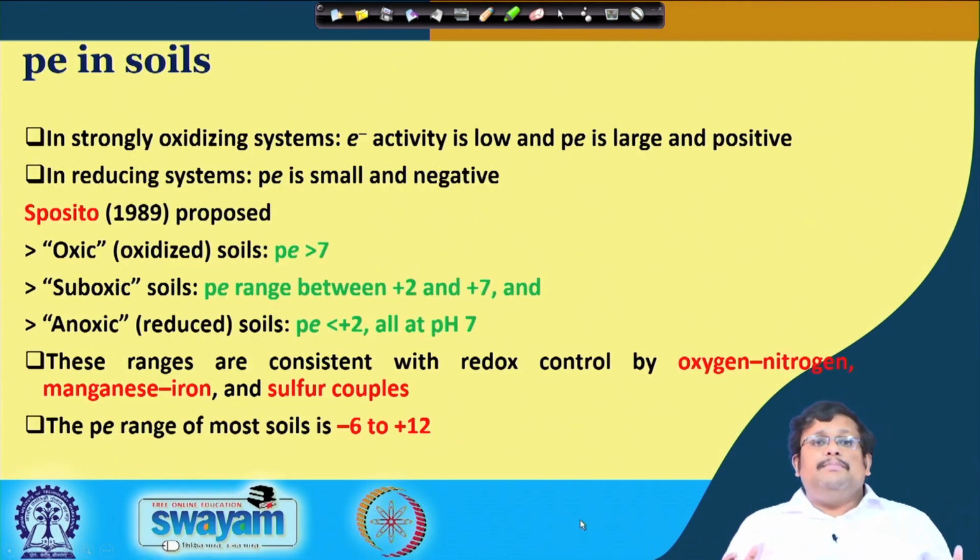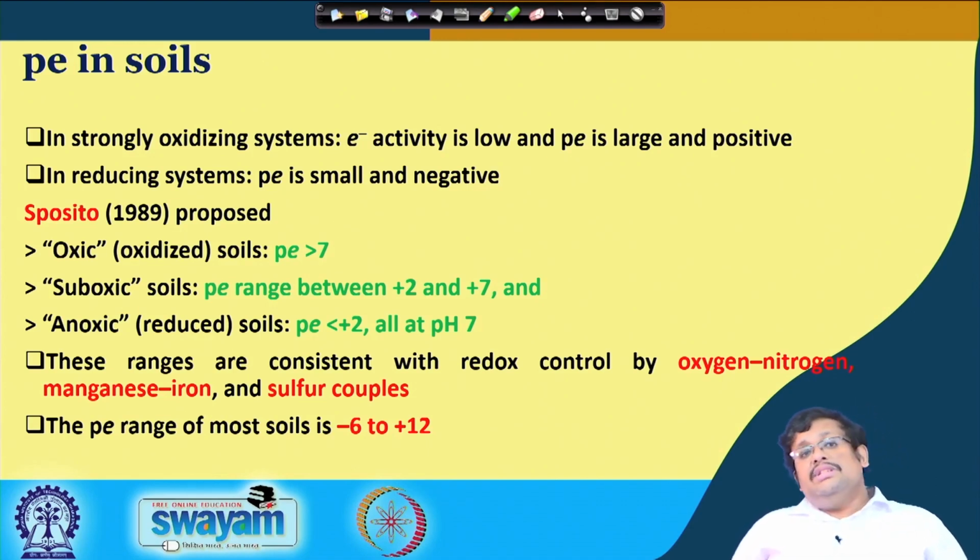So, if we consider PE in soil, in strongly oxidizing system, the electron activity is low and PE is large and positive. However, in case of reducing system, PE is small and negative.